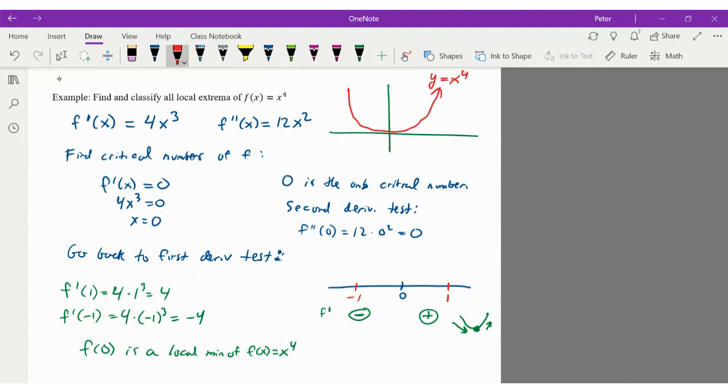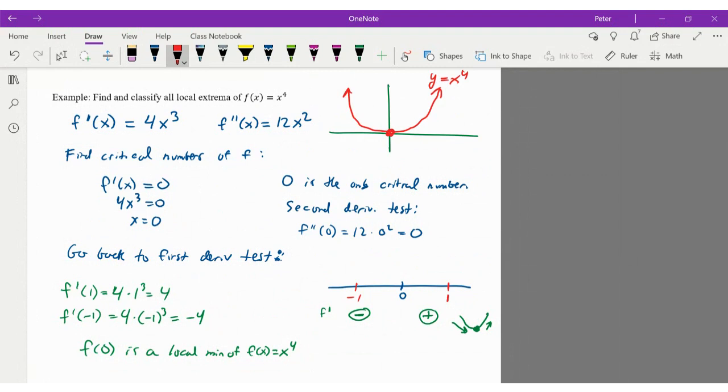I'm exaggerating here, but it looks very much like y equals x squared, but it's not a parabola. Parabola is a term reserved for the graph of a quadratic function. A function with a 4th degree power is called a quartic function, Q-U-A-R-T-I-C. And y equals x to the 4th flattens out so much at the bottom. It's a U-shaped function like a parabola, but it's much flatter at the bottom.